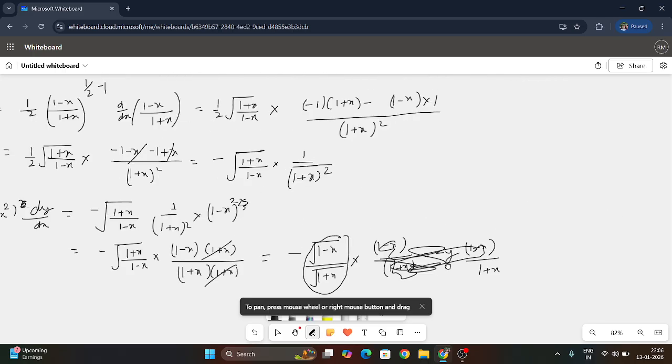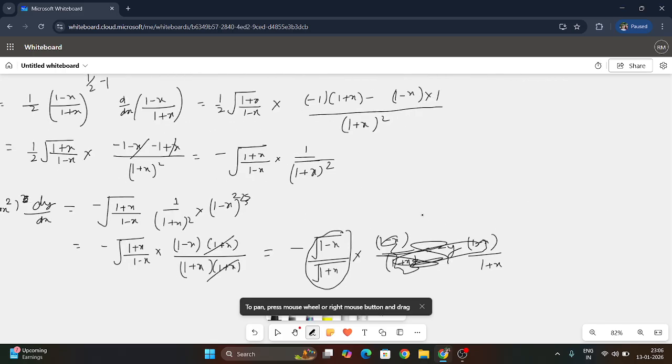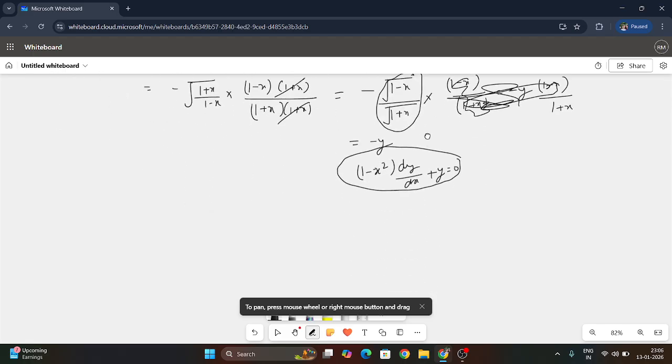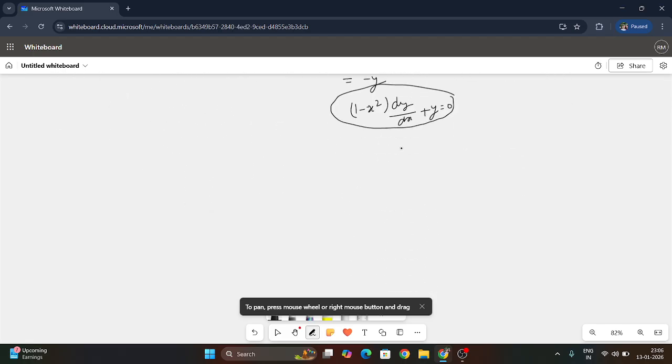So this is going to be basically minus y. Now it's right. Minus y. So when you solve it, (1 minus x square) dy by dx plus y equals 0. Okay, this is a simple proof. I think it's clear now. Now let's take the next problem and try to understand some other thing.